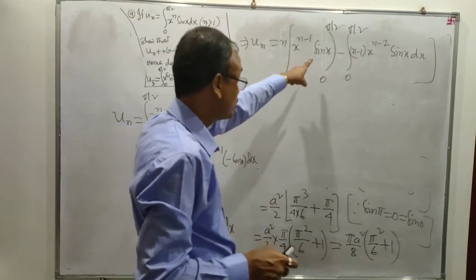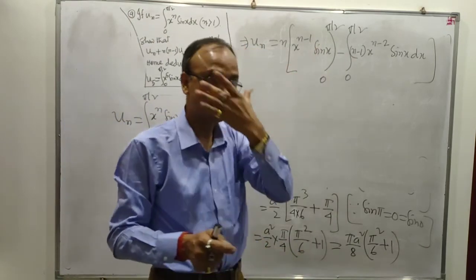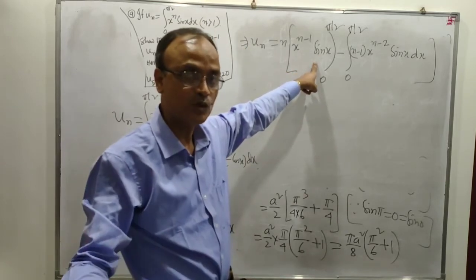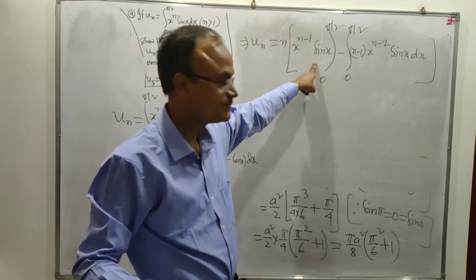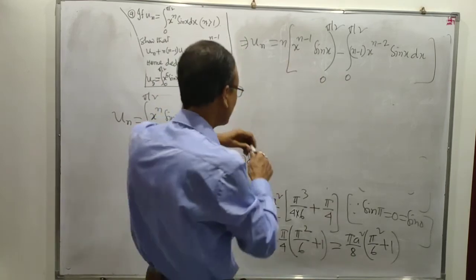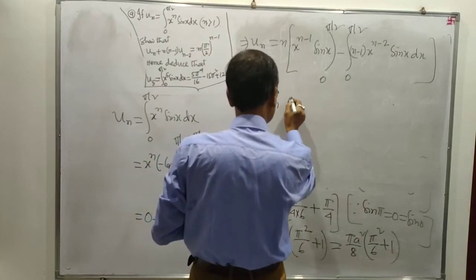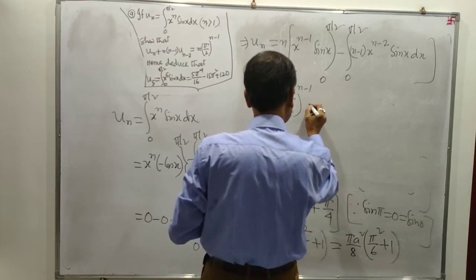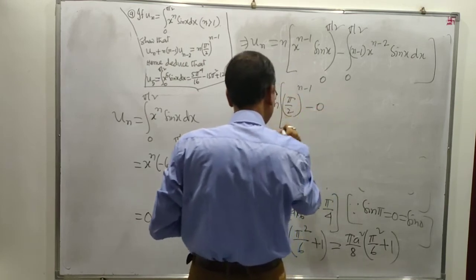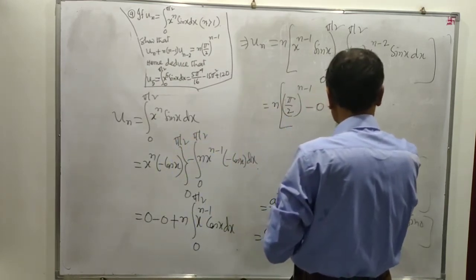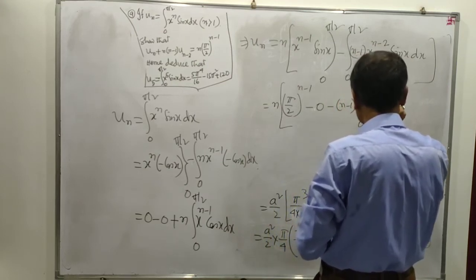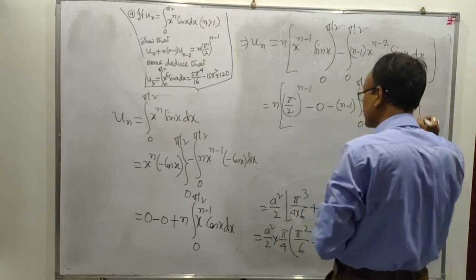Now, it will not be equal to 0. In this case, this will not be equal to 0 because sin pi by 2 is equal to 1. This is equal to n times of pi by 2 whole to the power n minus 1 minus 0 minus n minus 1 integration 0 to pi by 2 x to the power n minus 2 sin x dx.